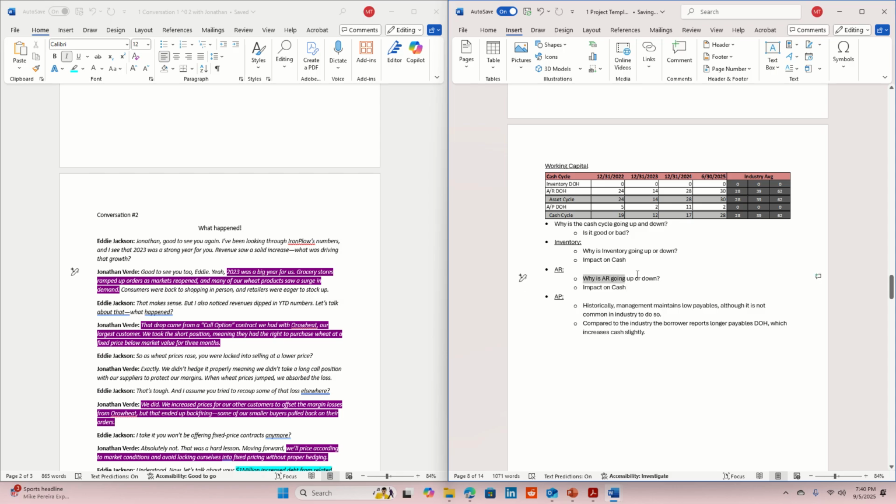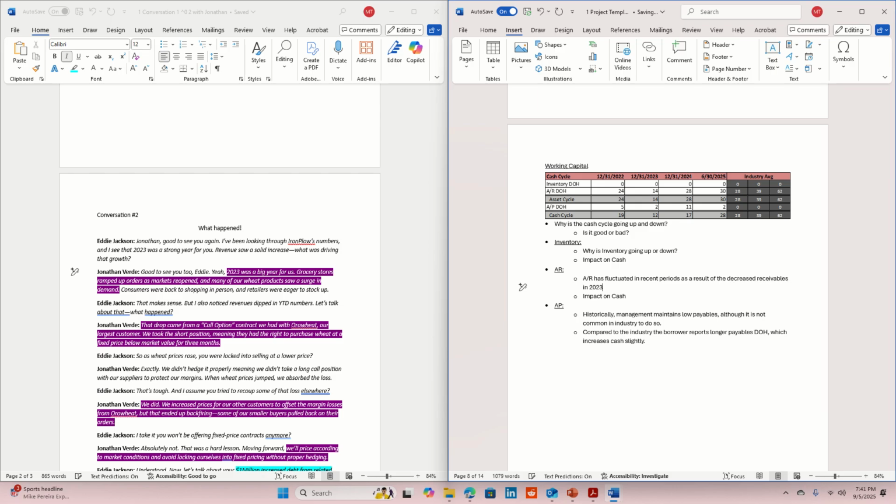We just want to know, why is AR going up or down? AR has fluctuated in recent periods as a result of the decreased receivables in 2023.